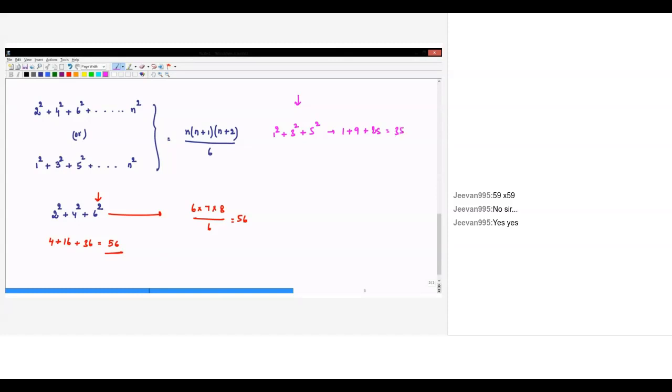So here n is 5. So in this case, you can substitute it directly. Hope you understood that.